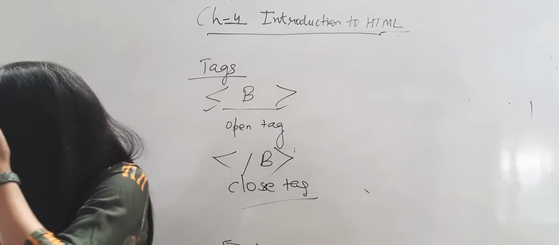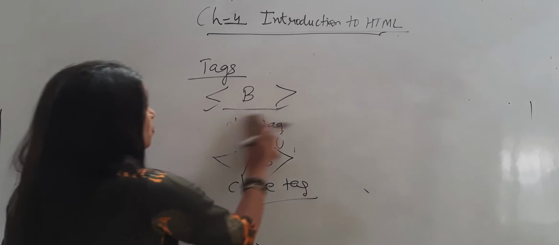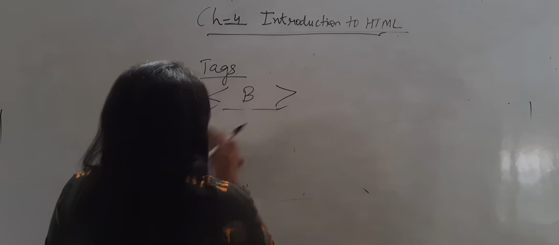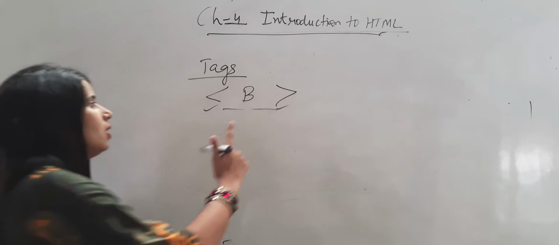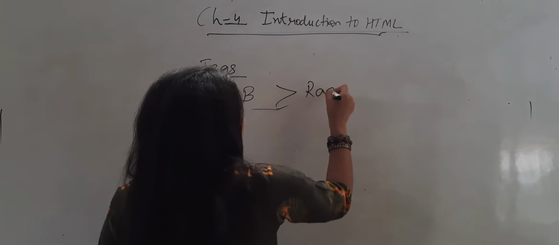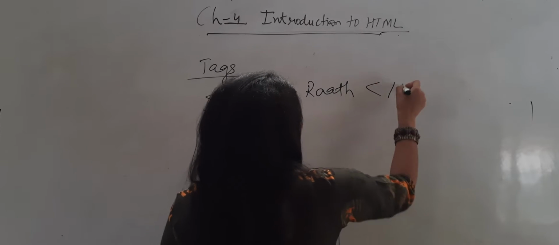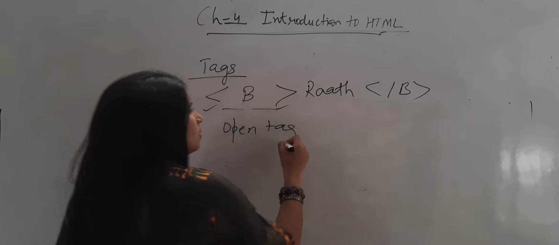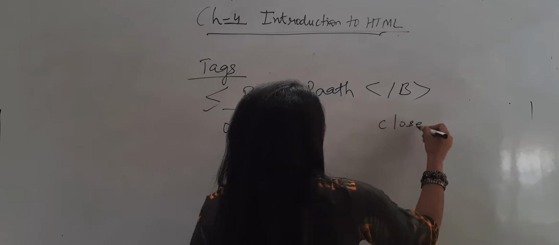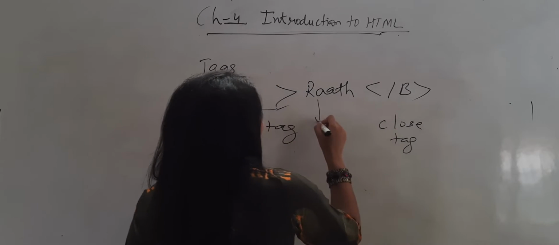Suppose I am going to make the text bold. Suppose I want to write here rat and then I close it. This is the open tag, this is the close tag, and this is the content.